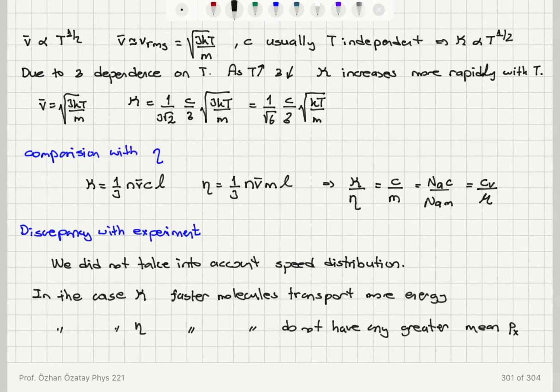So we find that this ratio kappa over eta is experimentally somewhat larger than the ratio of molar specific heat divided by the molecular weight.